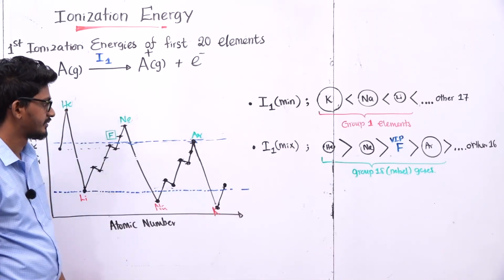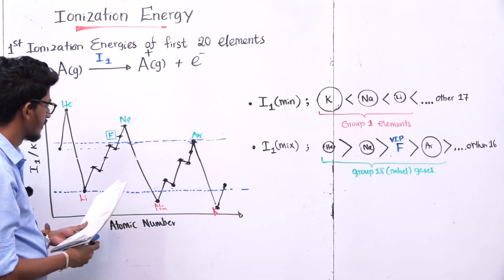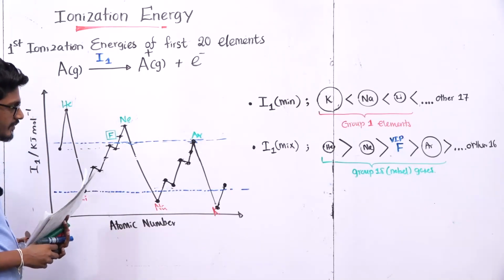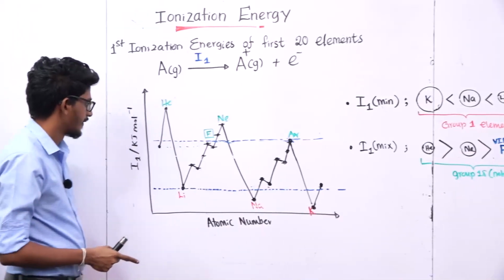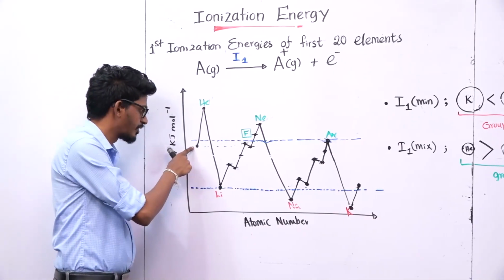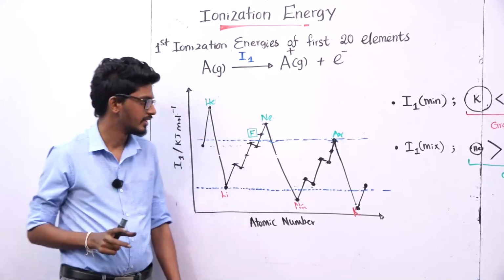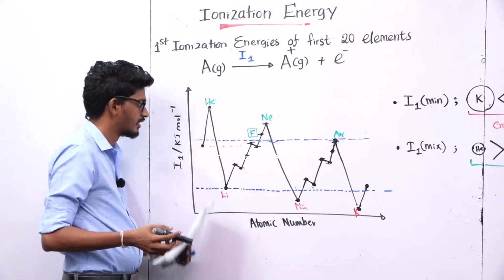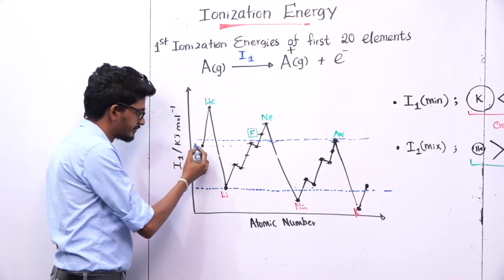A few more to discuss. It is better to know the position of hydrogen as well. In some papers, they have asked about that. So the position of hydrogen. Hydrogen is here.